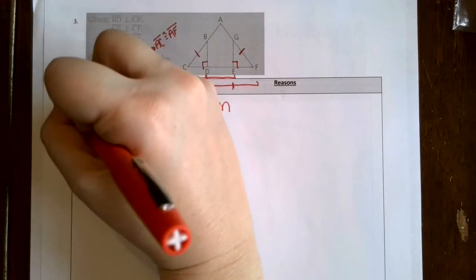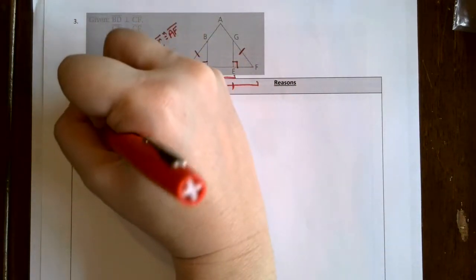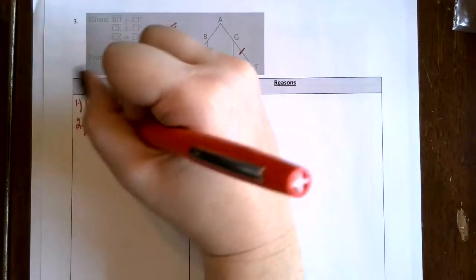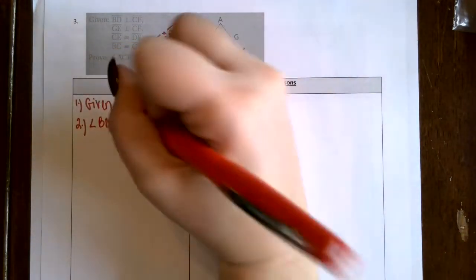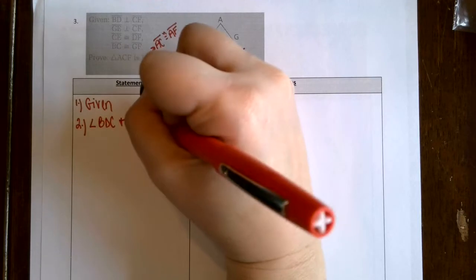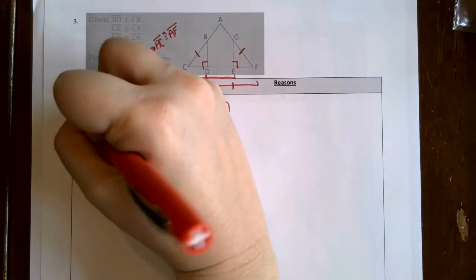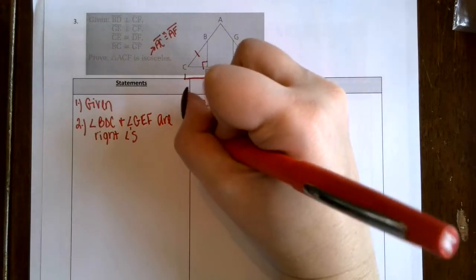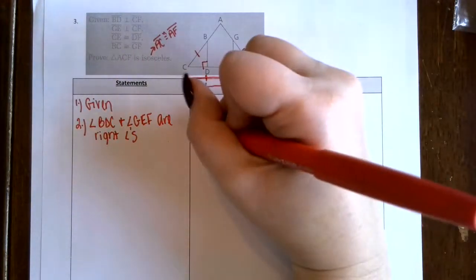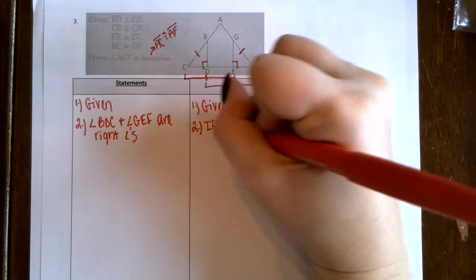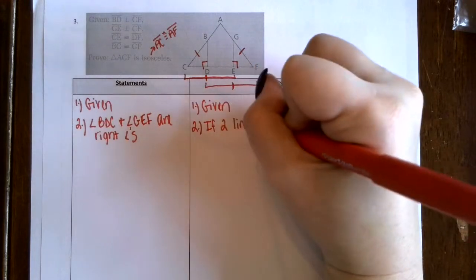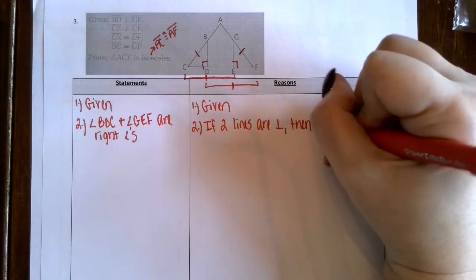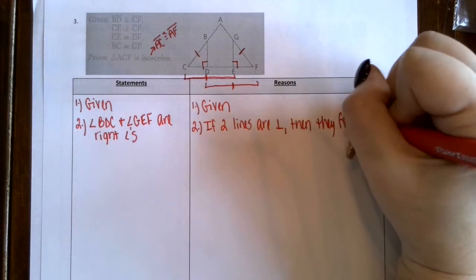Okay, so I'm going to say angle BDC and angle GEF are right angles. So if we have perpendicular lines, so if two lines are perpendicular, then they form right angles.